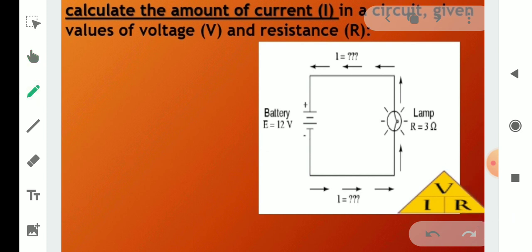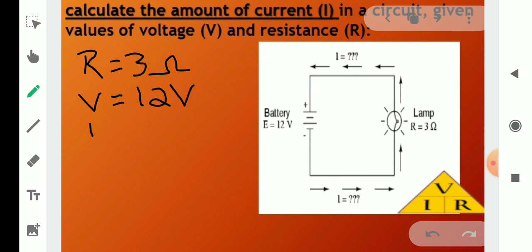First you have to write what is given. Resistance is given, that is 3 ohm. Next voltage is given, that is 12 volt. What you have to find? Electric current. So what is the formula? Electric current I is equal to V by R. Just substitute V and R here.